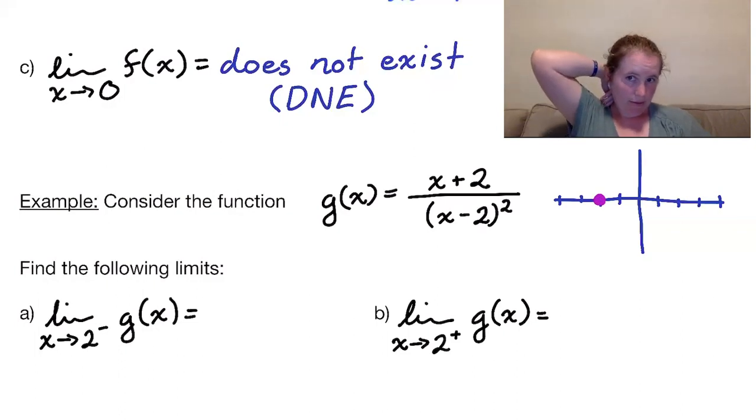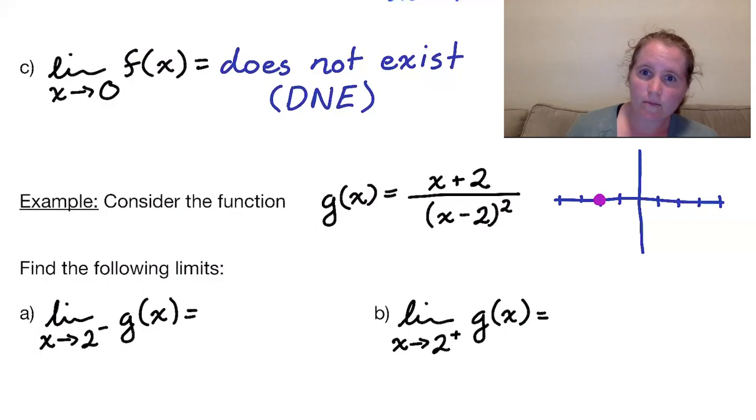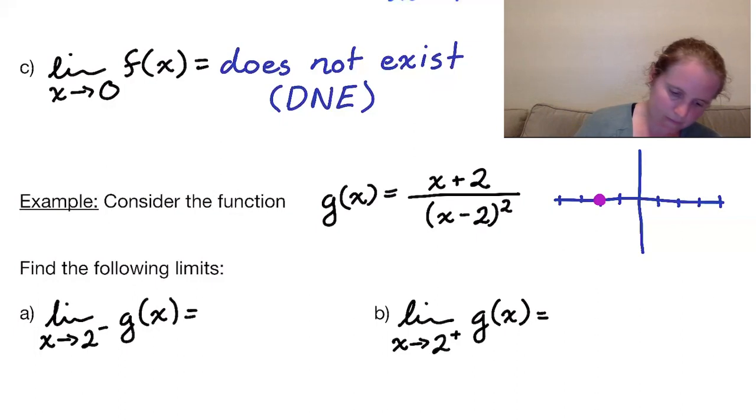Before that, the graph would be negative, and then we switch to positive.